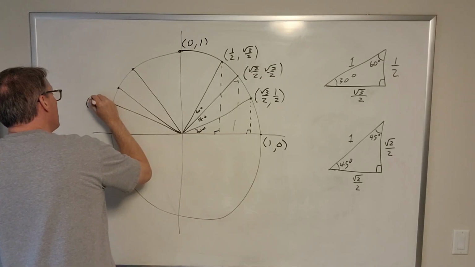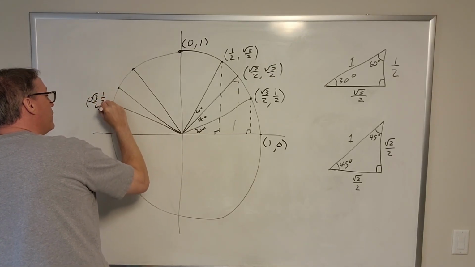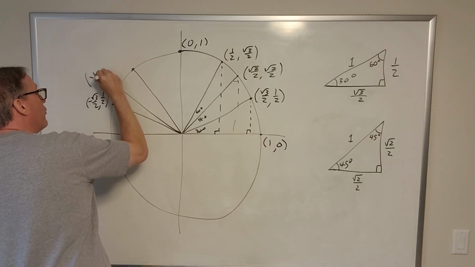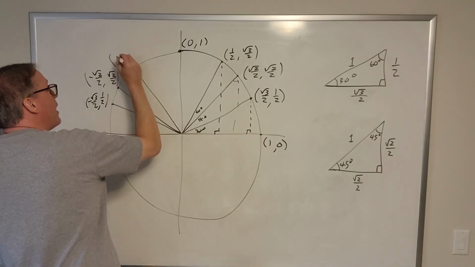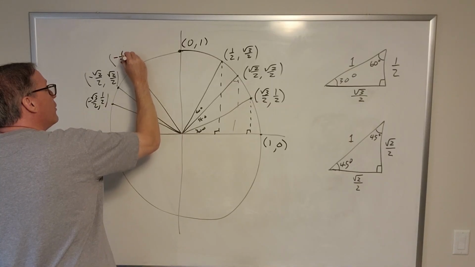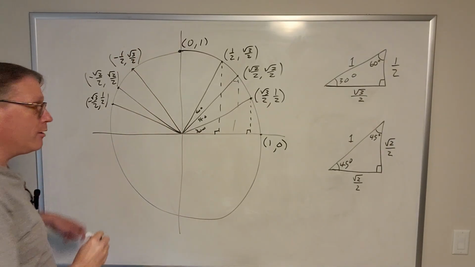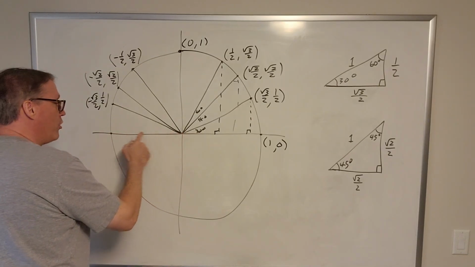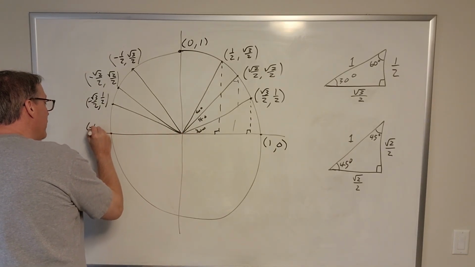So this will be negative square root of 3 over 2, 1/2, negative square root of 2 over 2, square root of 2 over 2, and negative 1/2, square root of 3 over 2. And this point all the way over here, well, you go 1 in the negative direction, and you don't go anywhere in the y. So this is going to be negative 1, 0.